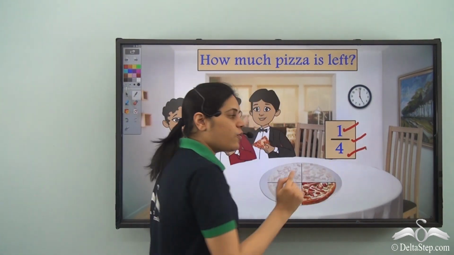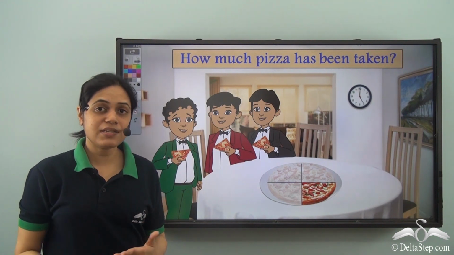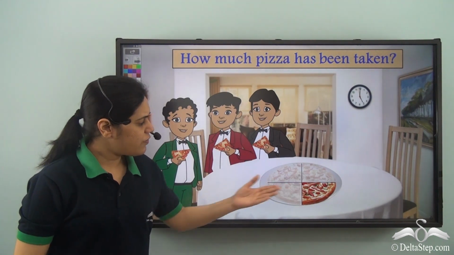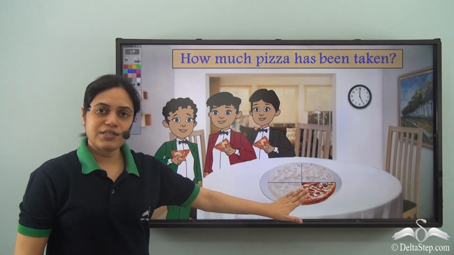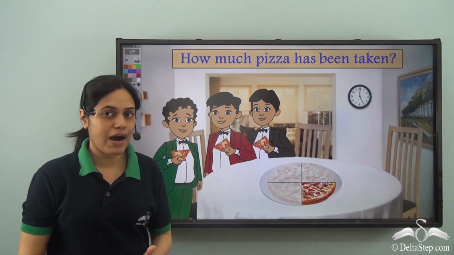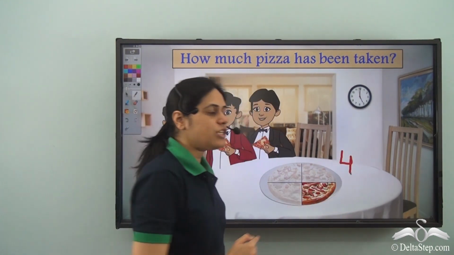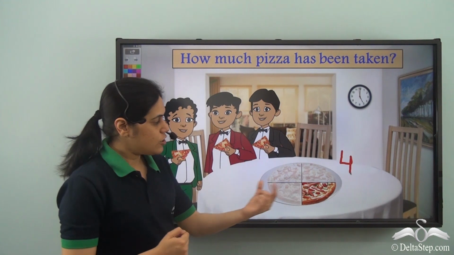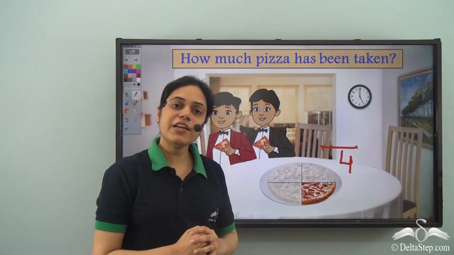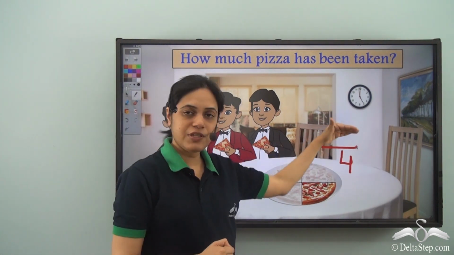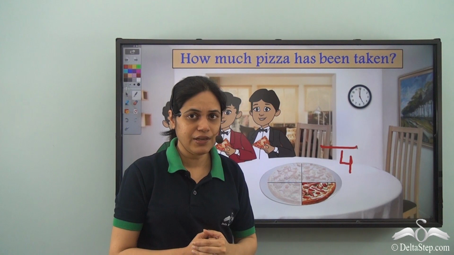Now if I ask you how much pizza has been taken, what will be your answer? First, I need to consider how many equal parts the pizza was divided into. The pizza was divided into 4 equal parts, so this 4 will be below the line. And what will be above the line?